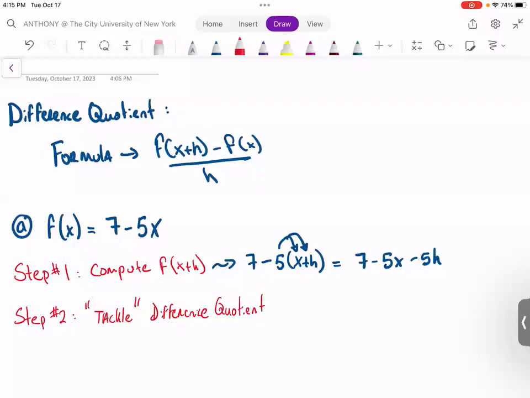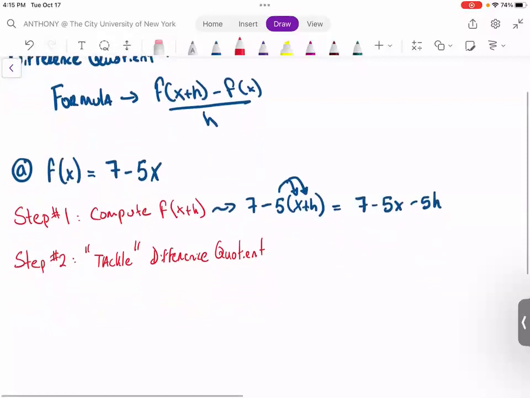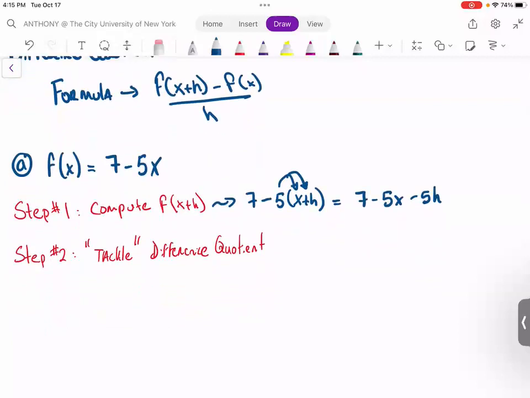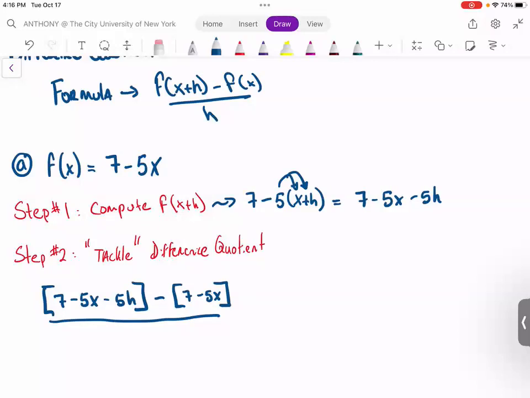Brackets make your life easier when you solve this problem. So observe. We have 7 minus 5x minus 5h. That goes inside the first set of brackets because that's your f of x plus h. Minus f of x, which is the original function, 7 minus 5x. All of this is being divided by an h.